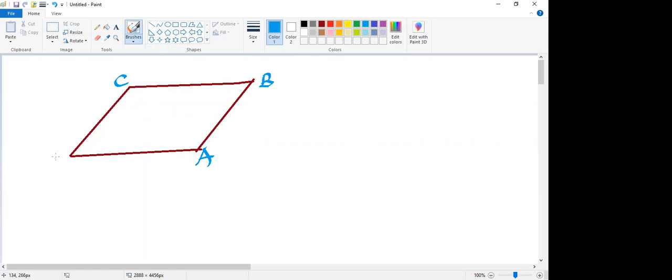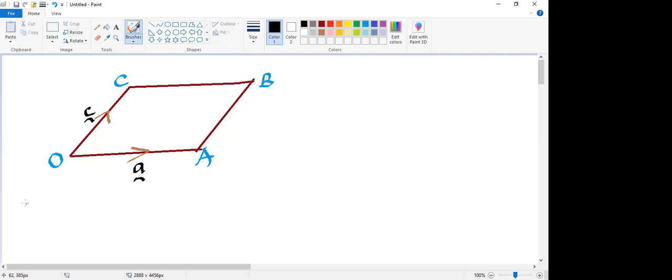So what happens if I have the parallelogram OABC? Let us take the vector OA to be vector A, and take the vector OC to be vector C. Okay, can we answer these simple questions?